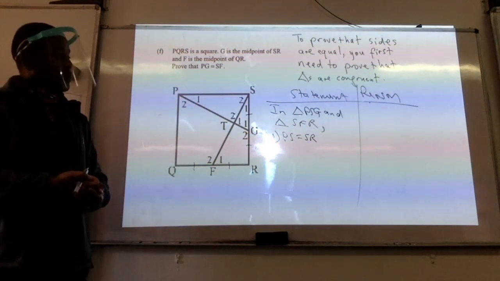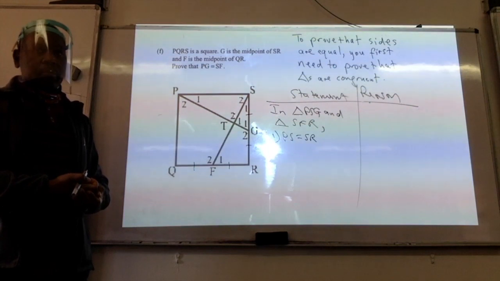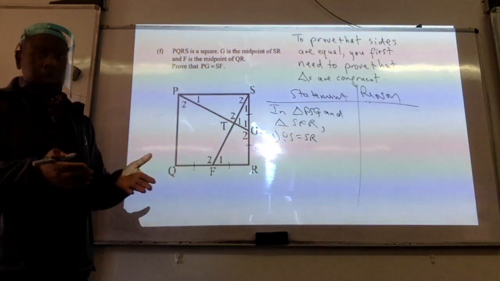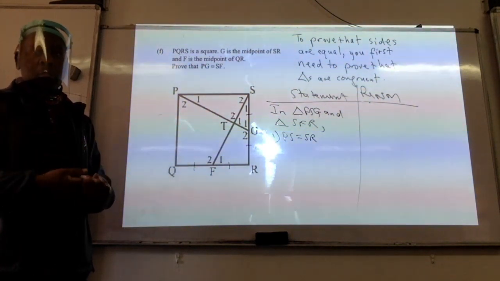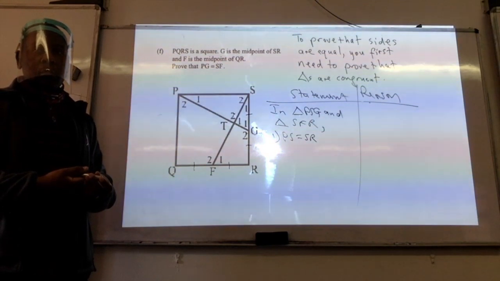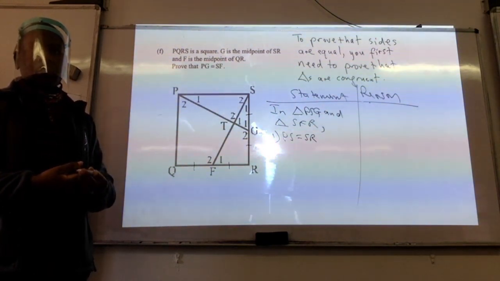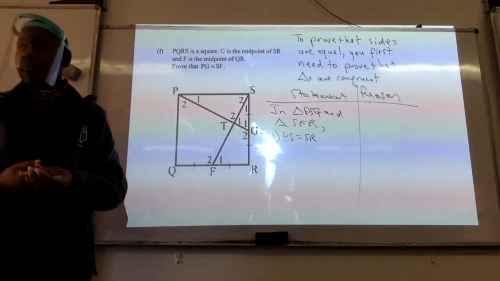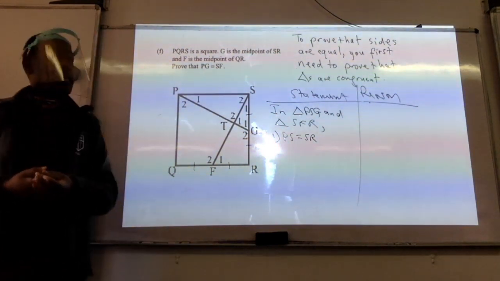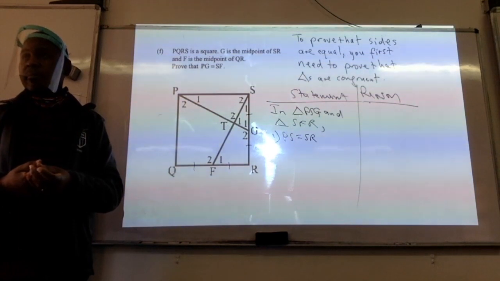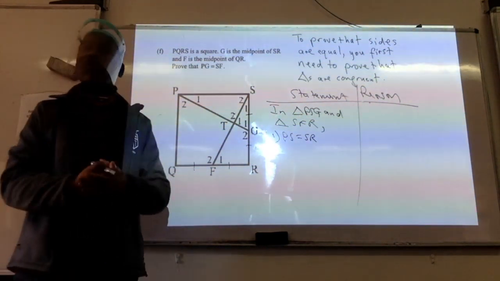Because since this shape is a square, all the sides are equal. It's not given. Guys, why is PS equal to SR? Yes. The sides of a square are equal.